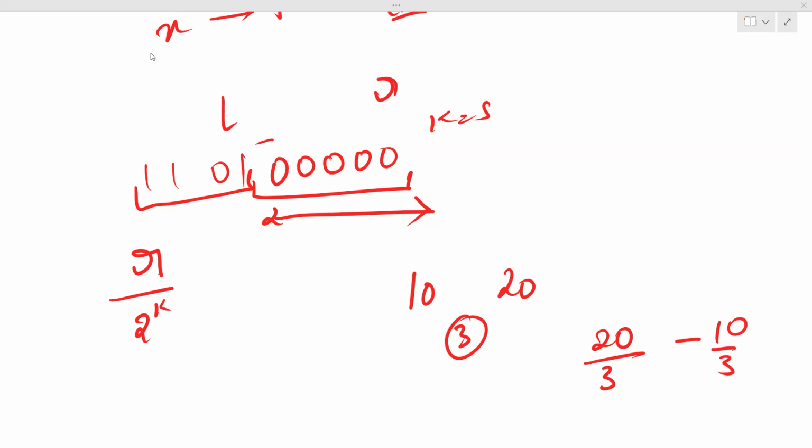And since L and R are inclusive, both the endpoints of the range are inclusive, I'll do L minus 1 divided by, here also you won't do 10 by 3, but you'll do 10 minus 1 by 3, because there's a possibility that this number is actually divisible and contributes to a final x. So I'll have something like L minus 1 by 2 to the power k.